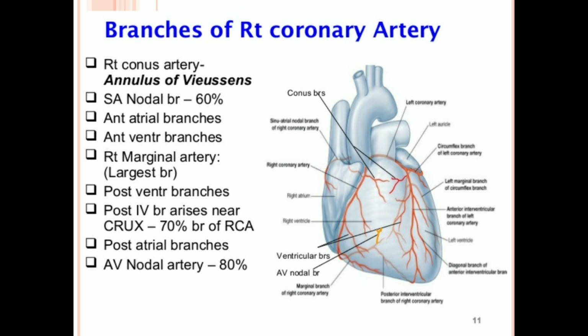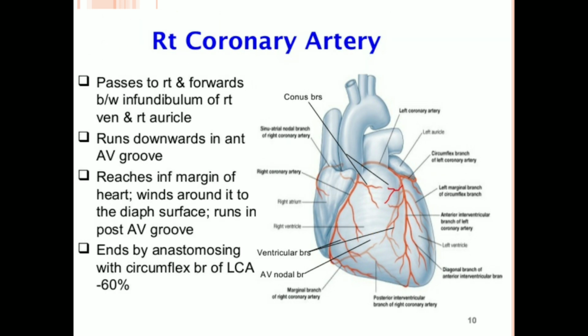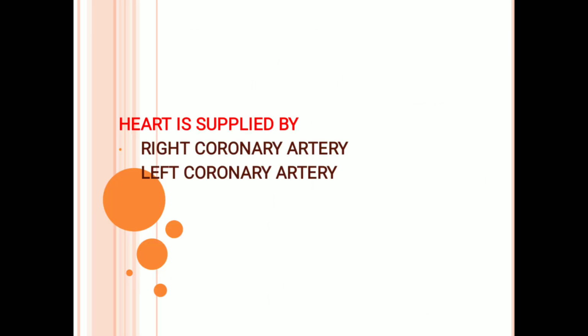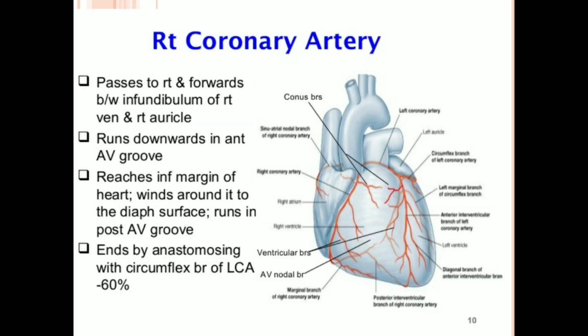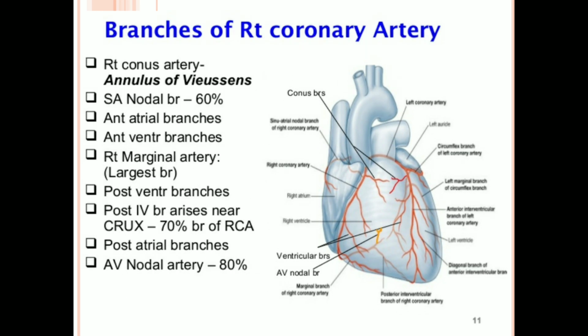You can see the conus artery here, that is called the right conus artery. The right conus artery forms an arterial circle around the pulmonary trunk by anastomosing with the left conus artery, a branch of the left coronary artery.